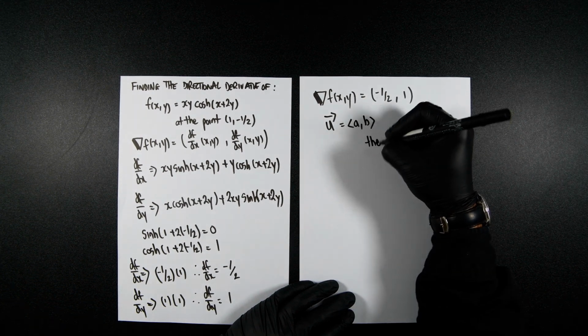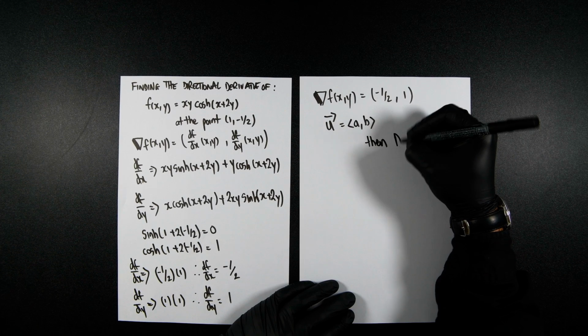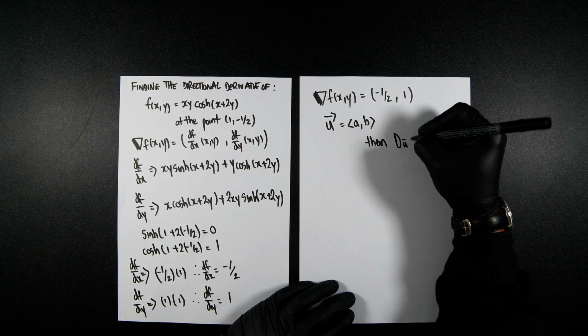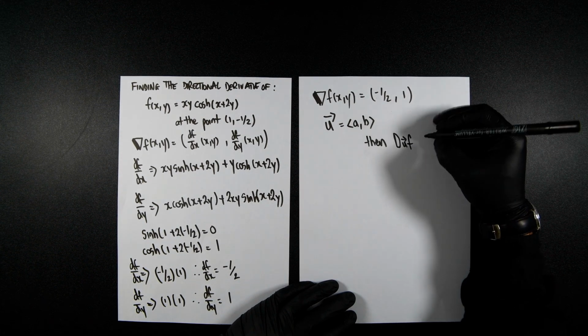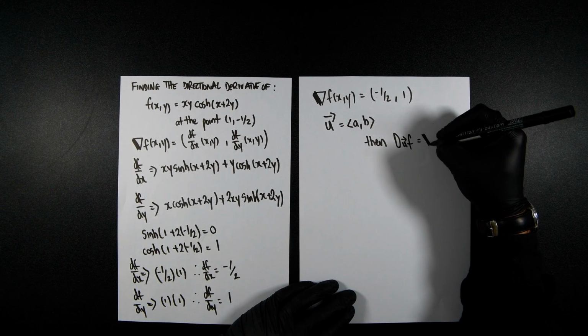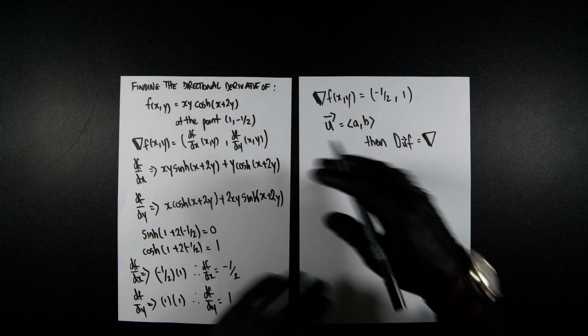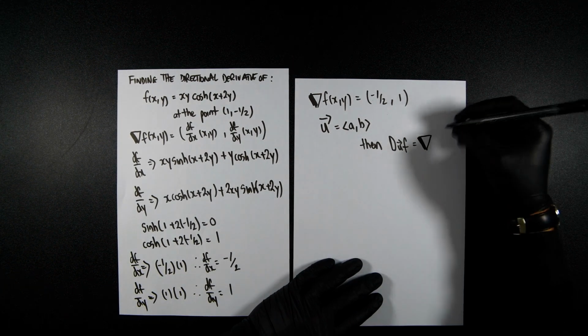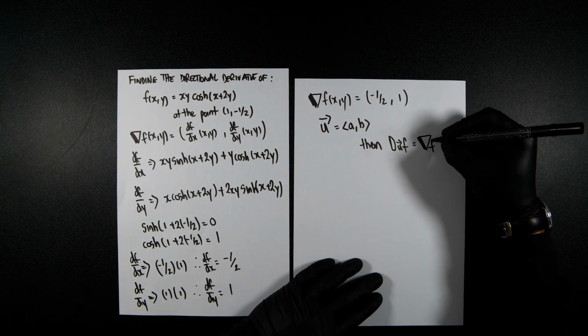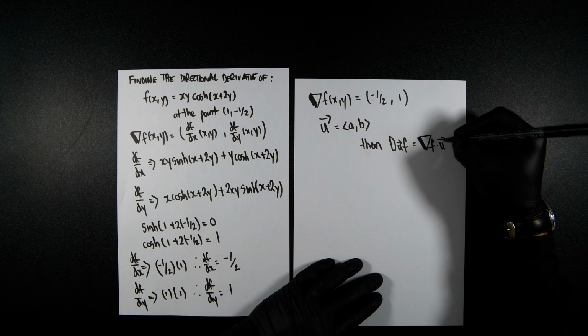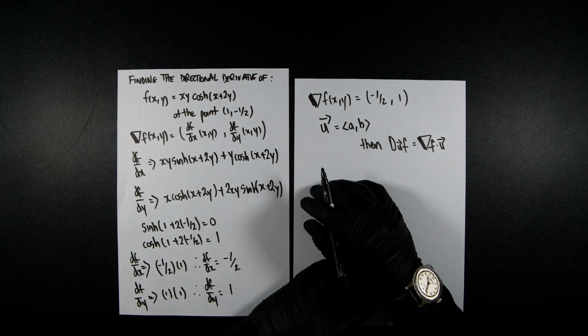So then the directional derivative would be what we've just found out, using the dot product of this unit vector.